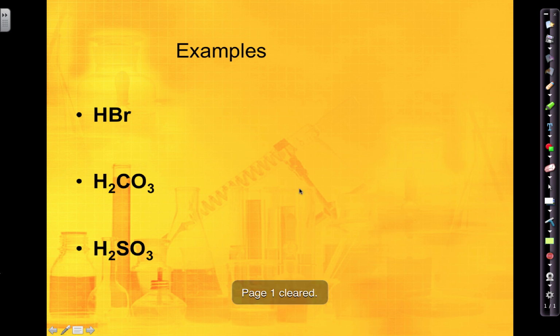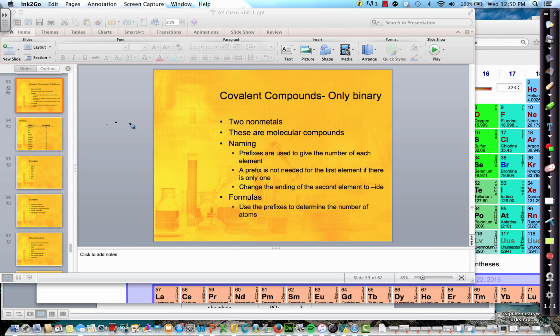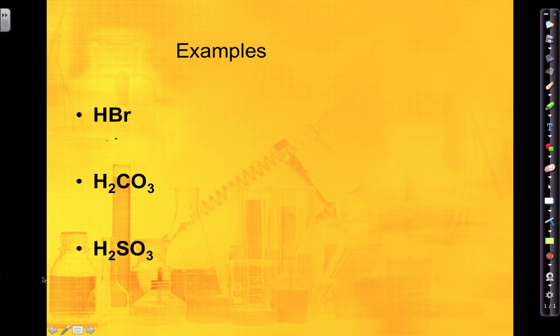All right, so if I'm looking at this, it's HBr. It begins with H, so I know it's an acid. This is bromide. If it's two elements, you're going to say it should have a hydro prefix.